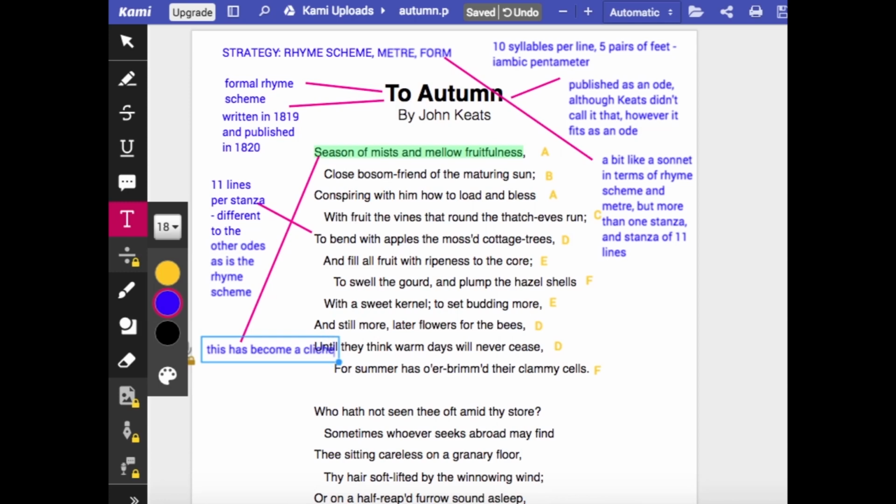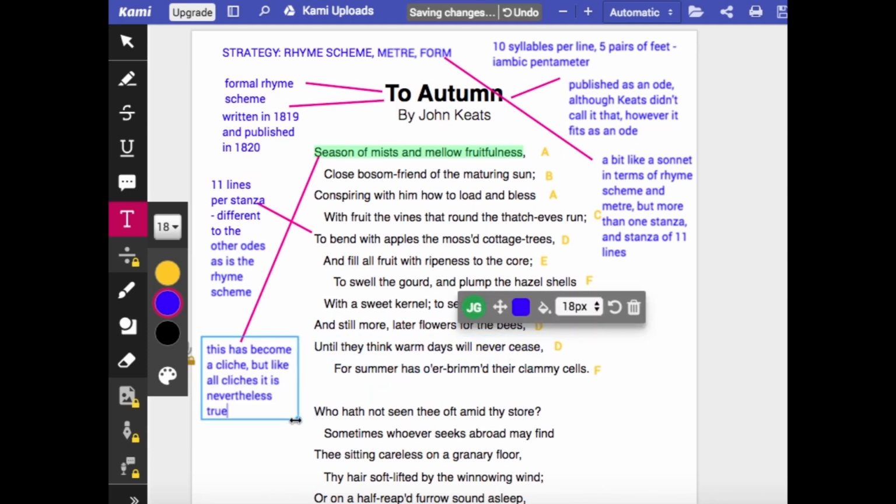Someone will say, oh, it's autumn, season of mists and mellow fruitfulness. Because, as a line, it sums up what autumn is. It is misty. It is kind of mellow. The colours are mellow. And, of course, it's fruitful because it's the time when everything that's been growing from spring through the summer is harvested and picked, and the animals are storing up for the winter, as are we.